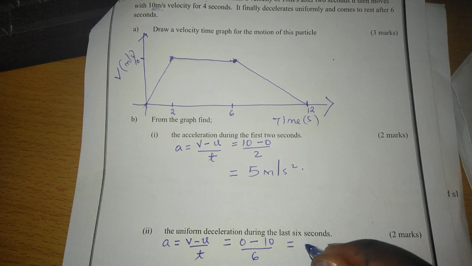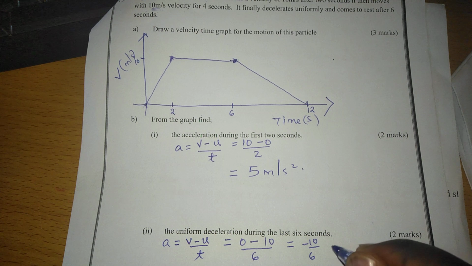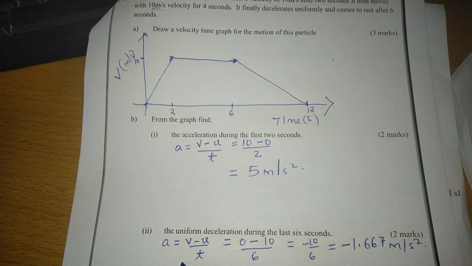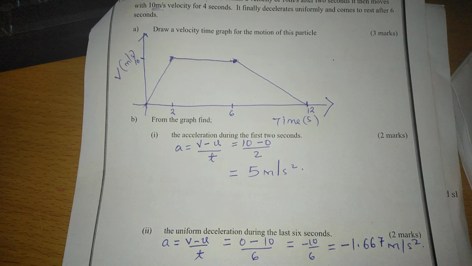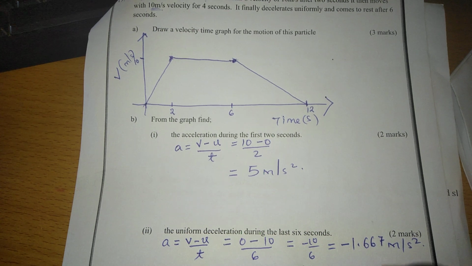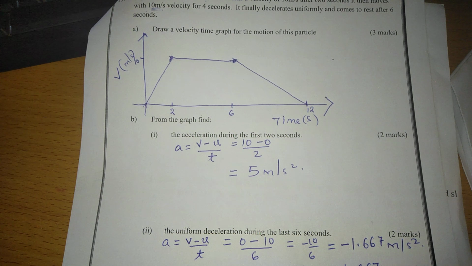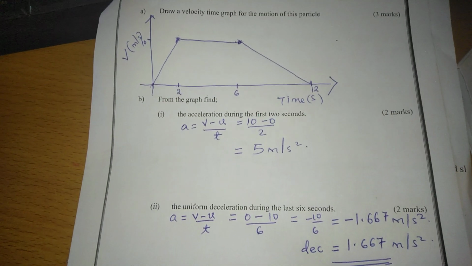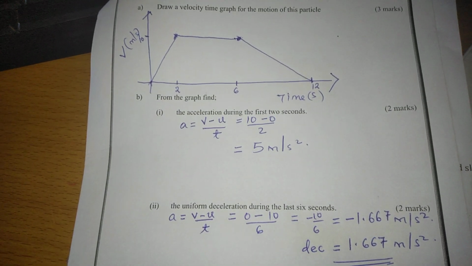So this is going to give us negative 10 out of 6. This will give us negative 1.667, because it is 6 recurring, meters per second squared. Since acceleration is negative, then we will call it deceleration, and we give it the absolute value of 1.667 meters per second squared. The velocity is decreasing with time. That is why acceleration is becoming negative.